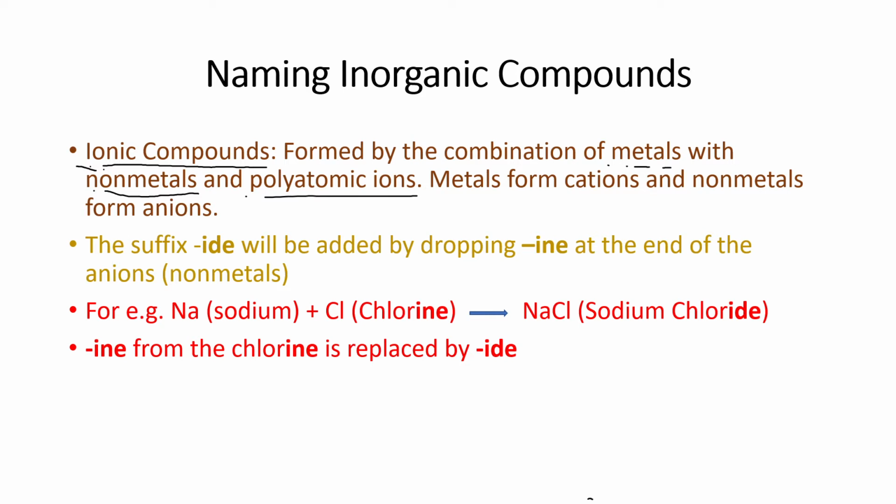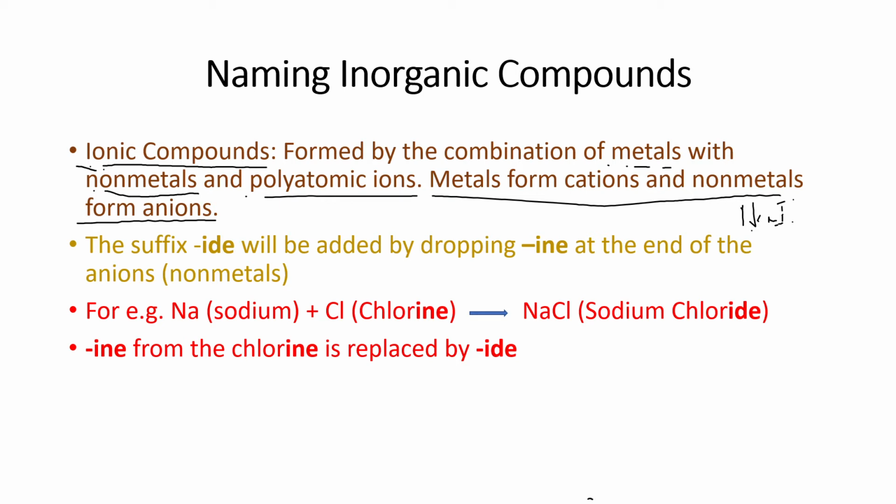So metals form cations and non-metals form anions. For example, sodium, it is a metal, Na+, and then a non-metal, iodine. So we'll write iodide when it is written as the negative ion.